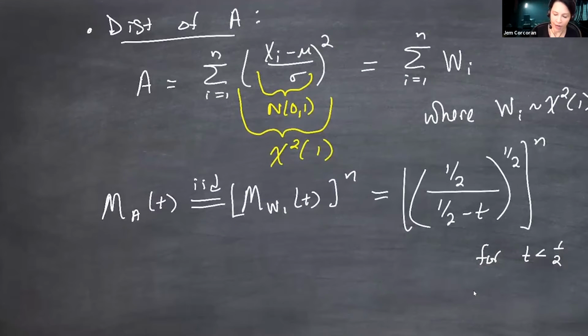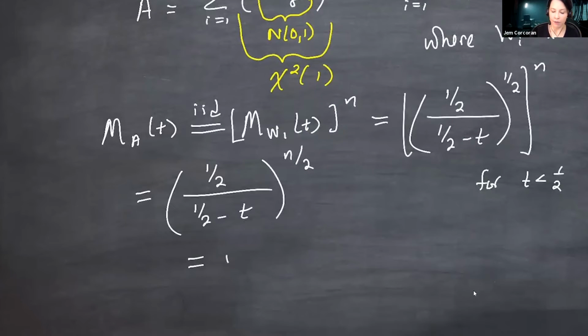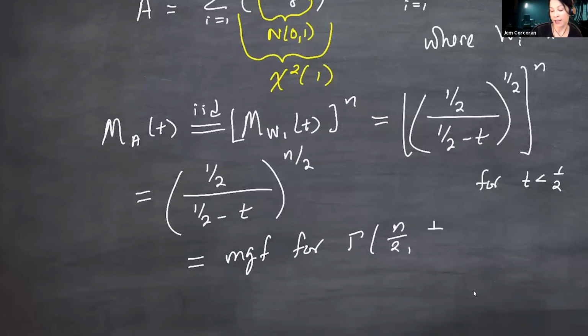And so if you raise that to the power and the other power, you get to multiply the exponent. So this is (1/2 over 1/2 minus t) to the n over 2, which is the moment generating function for the gamma with parameter alpha equals n over 2 and beta equals 1/2, which happens to be how we defined a chi-squared n.